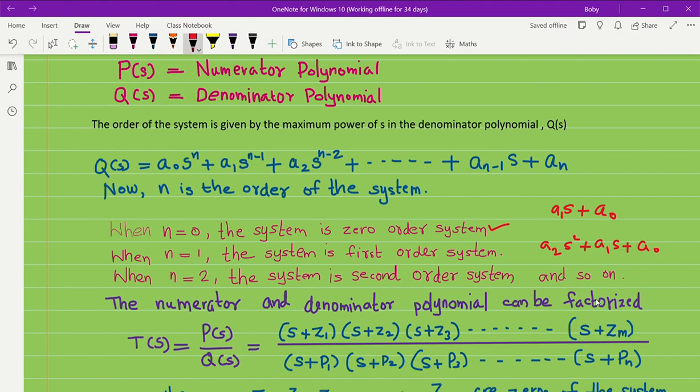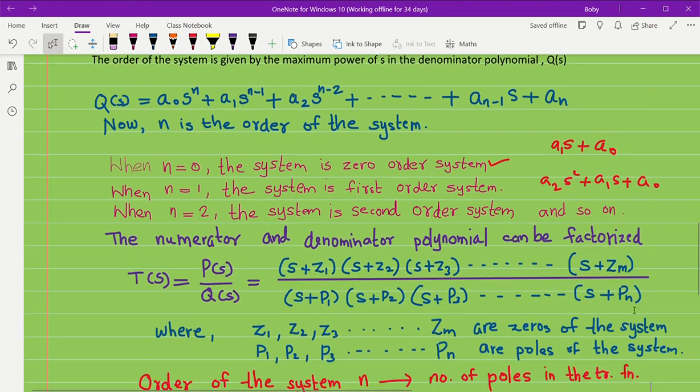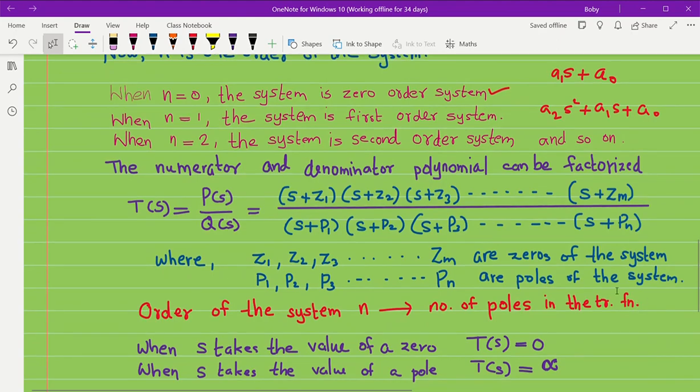Now let us factorize the numerator and the denominator polynomial. Factorizing the numerator polynomial, we get first order factors: s plus z1, s plus z2, s plus z3, etc., up to s plus zm. And factorizing the denominator gives s plus p1, s plus p2, s plus p3, up to s plus pn.